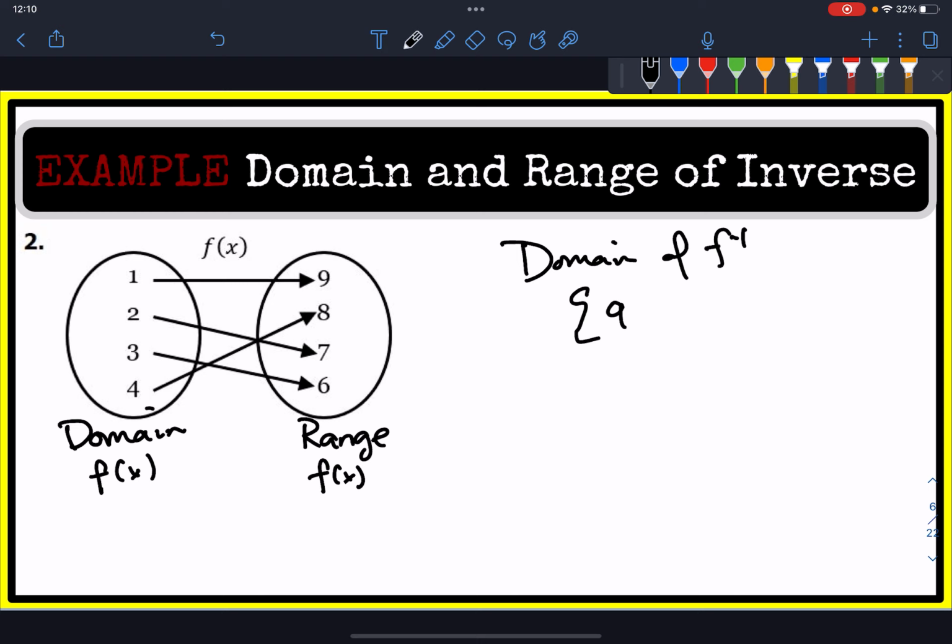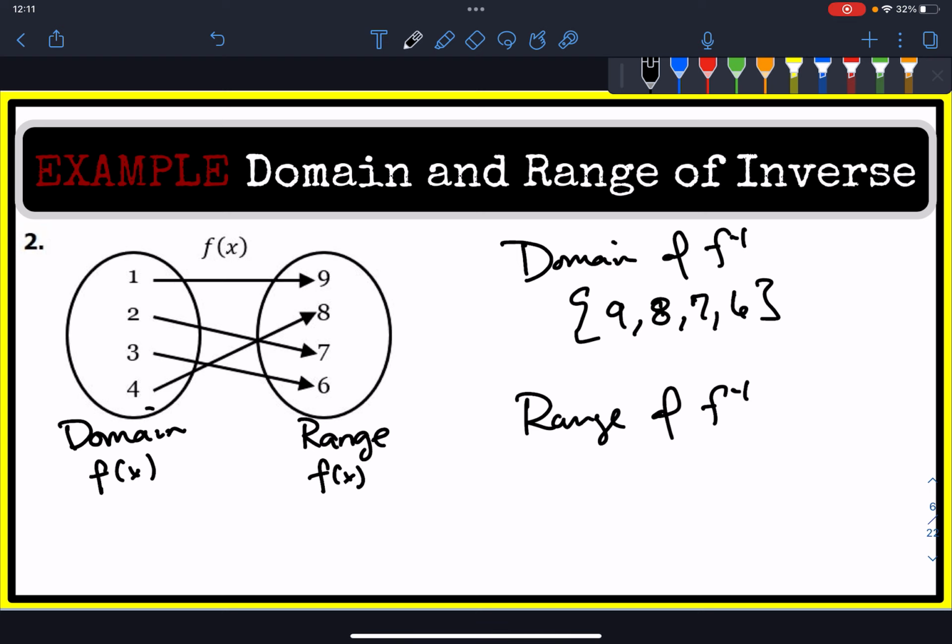So the domain would be 9, 8, 7, and 6, or 6, 7, 8, 9. And then we switch the domain for the range for the inverse. So the range of the inverse would be the numbers 1, 2, 3, and 4.